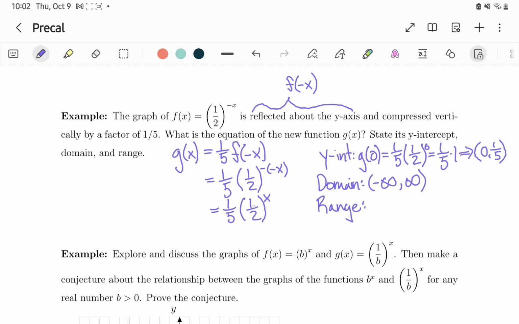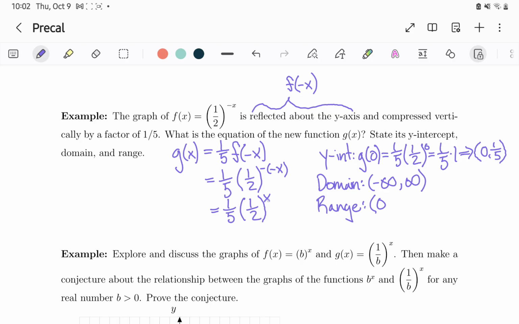As x gets very, very large, 1/2 to the x is going to get very, very close to 0, because for instance 1/2 to the 1 is 0.5, 1/2 to the 2 is 1/4, 0.25, so already closer to 0, and then 1/2 cubed is 1/8, so 0.125. And multiplying these values by 1/5 is just going to make them closer to 0. So the left endpoint of our range is again 0.